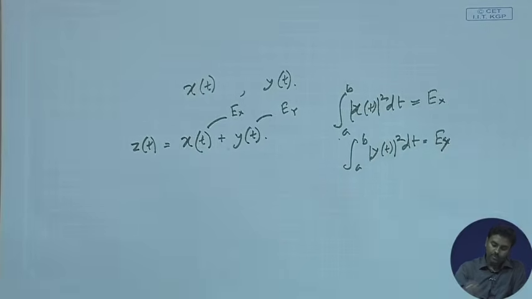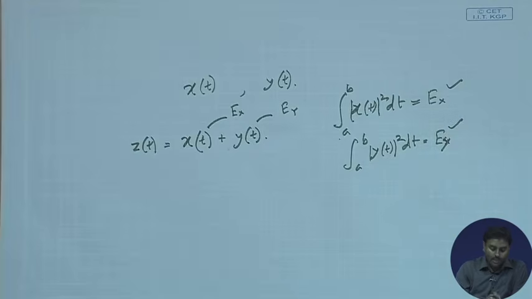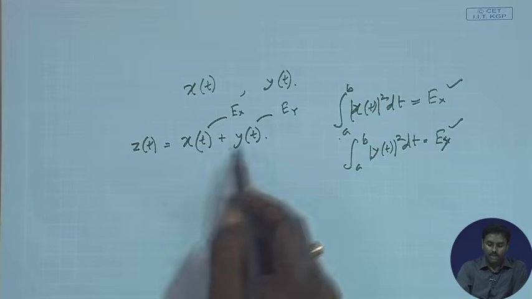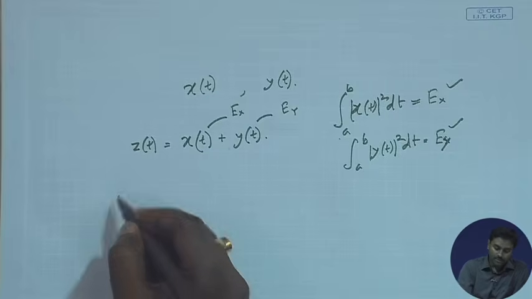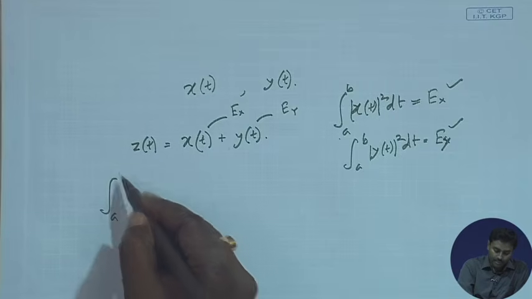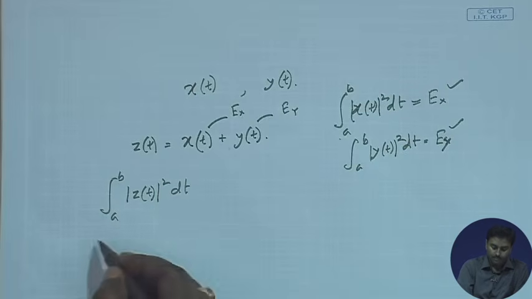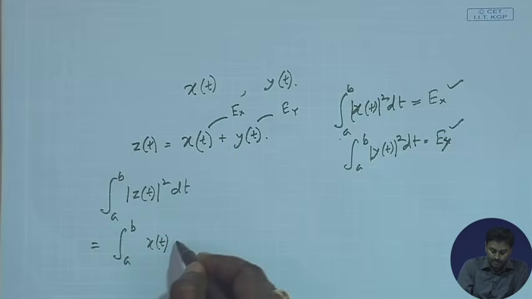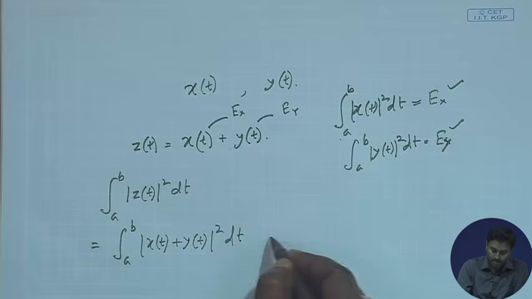Suppose I know these two parameters, Ex and Ey. Can I now calculate the energy of z(t) without actually adding them, integrating and all those things? Does orthogonality give me some idea of this? So, let us try to see. Energy of z(t) means integral from a to b of |z(t)|² dt, which is the integral of |x(t) + y(t)|² dt.